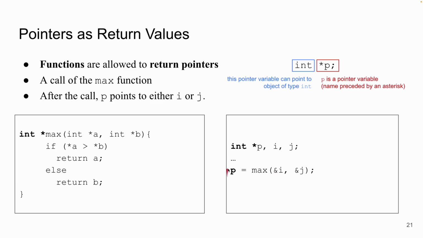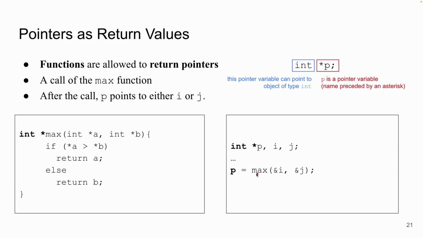So you can see what I use to store the return value of the max function is another pointer variable, because we can only use a pointer variable to store the address of other variables.